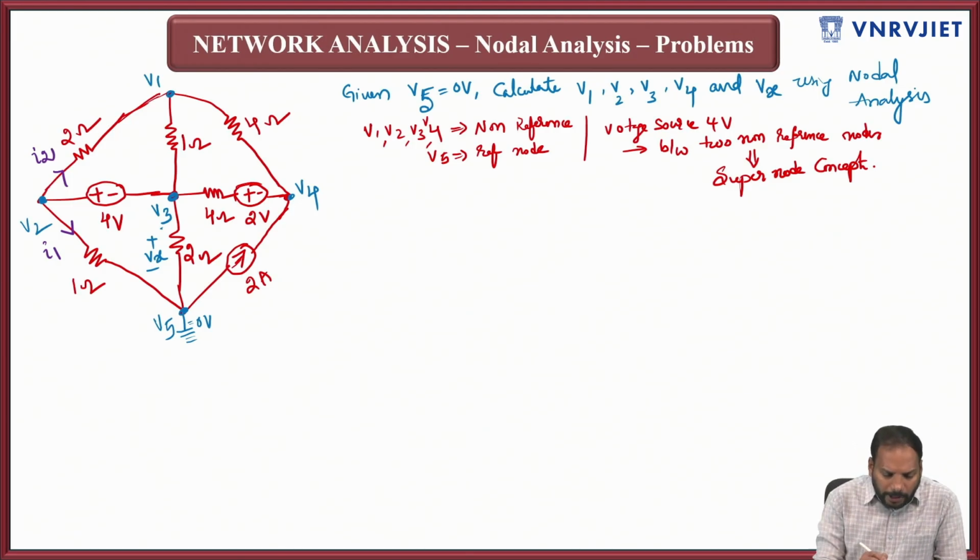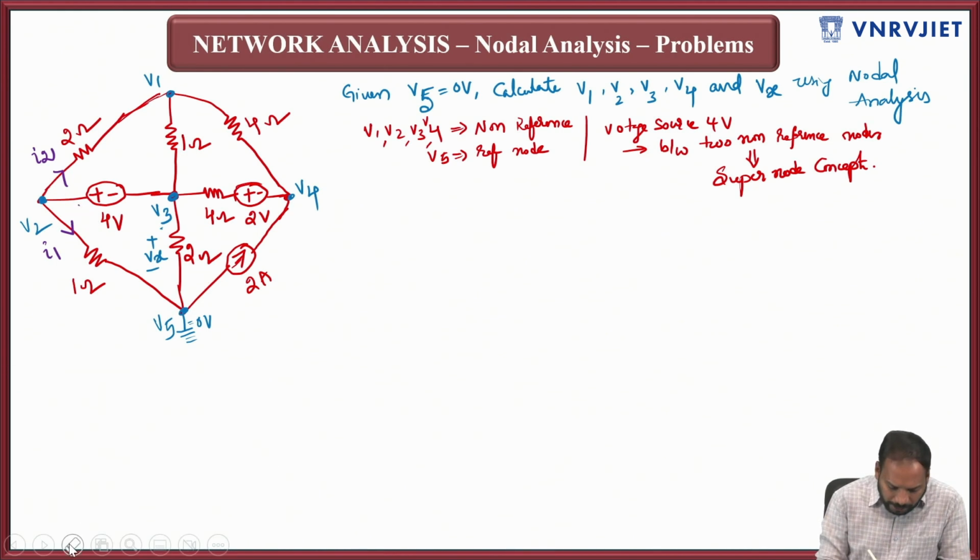At node V2 you have a 4 volt battery. Can I take the current in this loop as I3? It is not required to take that current, because you cannot apply Ohm's law there.